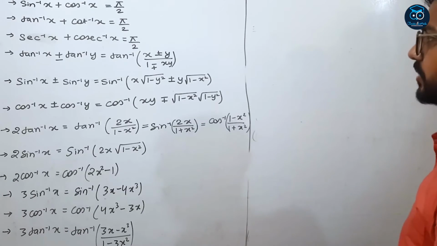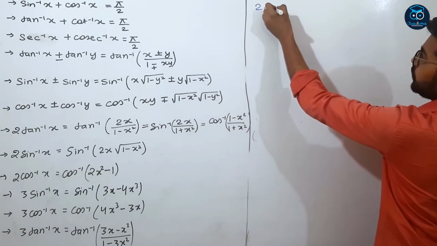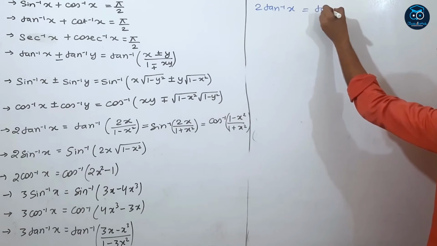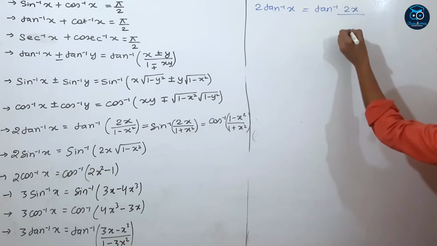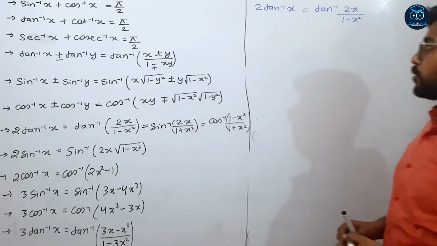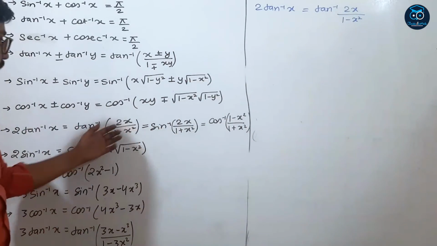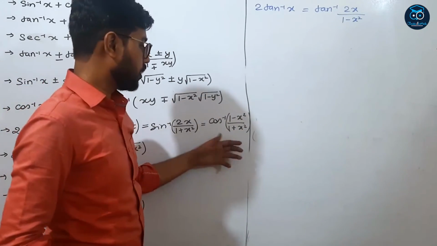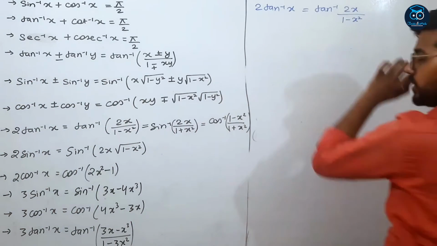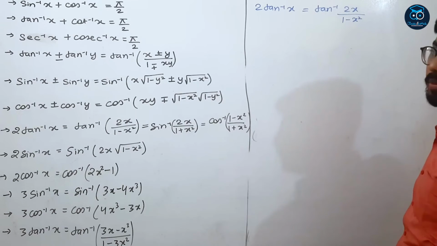Now moving further, 2 tan inverse x equals tan inverse of 2x upon 1 minus x square. We have to convert this only in tan. After that, for sine and cos, we use the conversion factor. So we will prove it only for the tan function. For this identity, we have two methods.